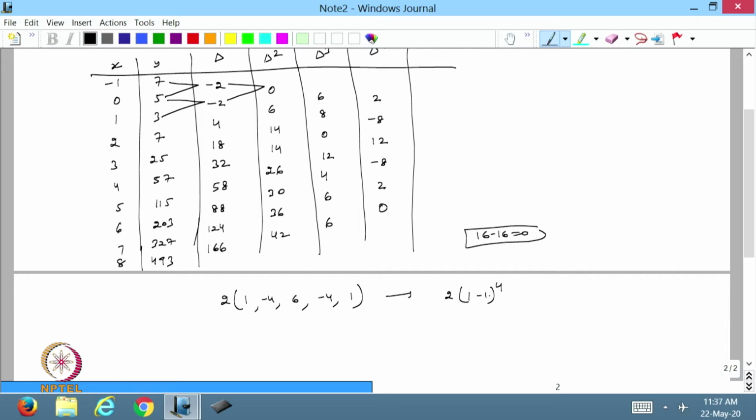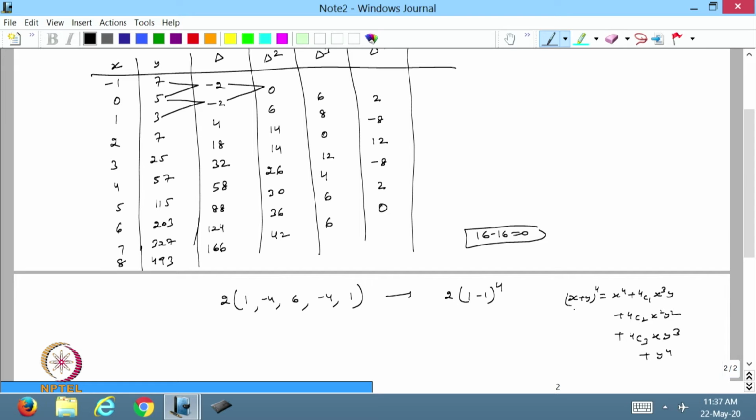So, the coefficients will be, I can write x plus y raised to power 4. So, this is x raised to power 4 plus 4C1 x cube y plus 4C2 x square y square plus 4C3 x y cube, and in the end we will get y to the power 4.